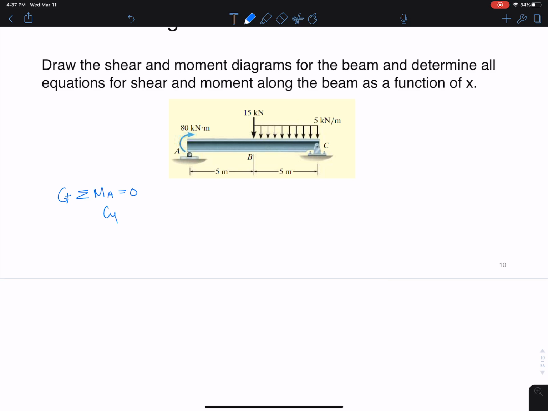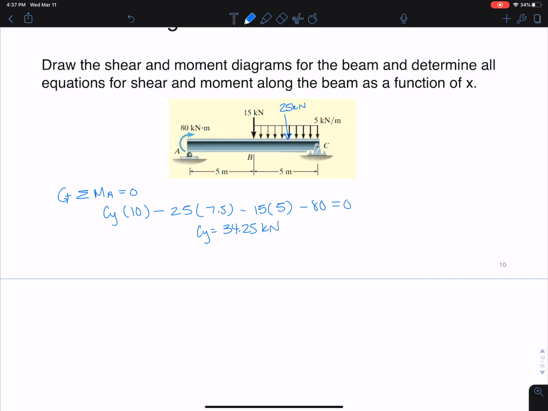And we get Cy times 10 minus 25 times 7.5. The 25 is just the resultant here. Minus 15 times 5 minus 80.